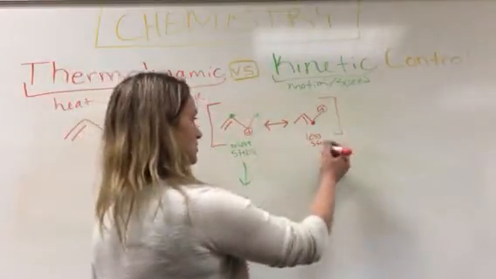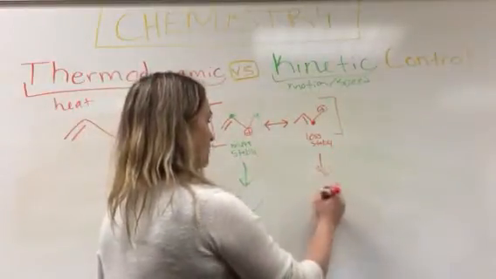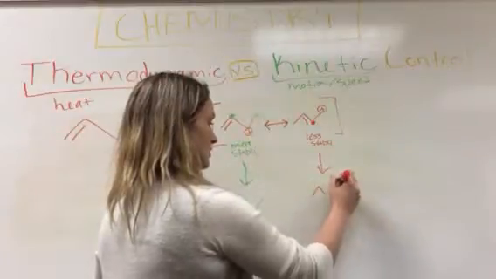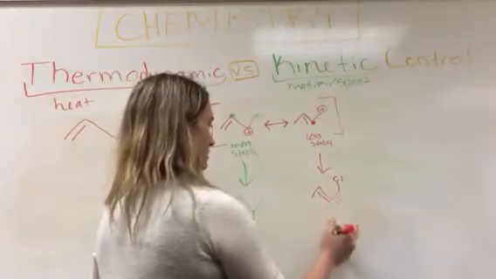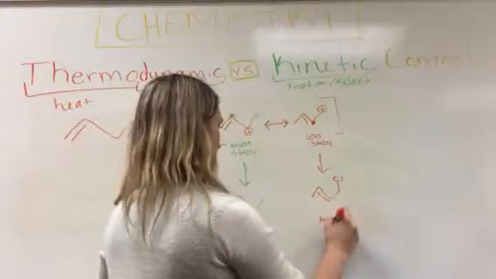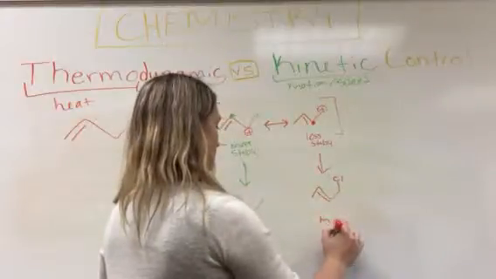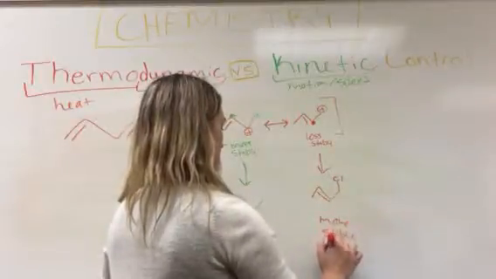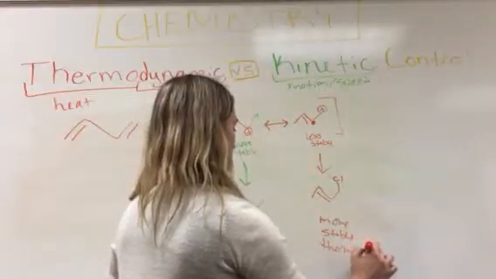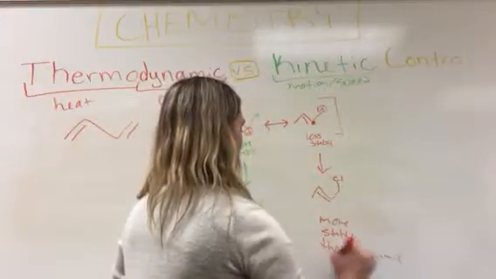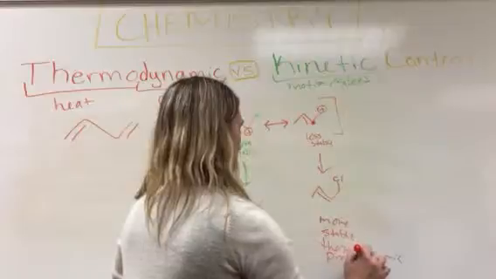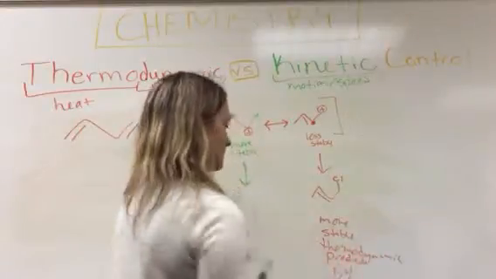And if you were to continue on with this reaction, you would end up with this product. And it's more stable. And it's the thermodynamic product. And it's also called 1,4.